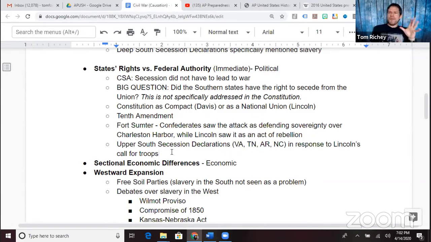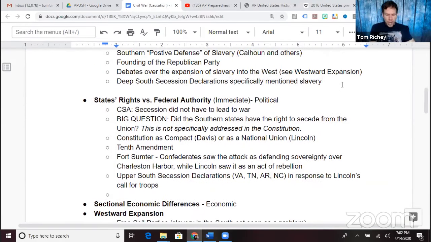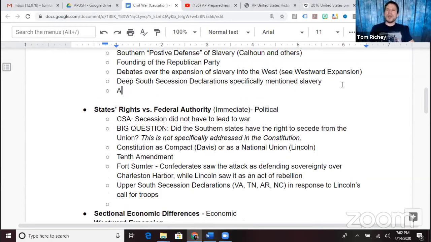Now, a few final things we would note. When we look at the slavery argument, we have to think about point of view. The people who make the argument that slavery is the primary cause, and remember, all of these have validity, a lot of it goes back to those Deep South secession declarations and the reasons for the Deep South seceding, the formation of the Confederate States of America. Also, another thing that's often mentioned here is Alexander H. Stephens' cornerstone speech.